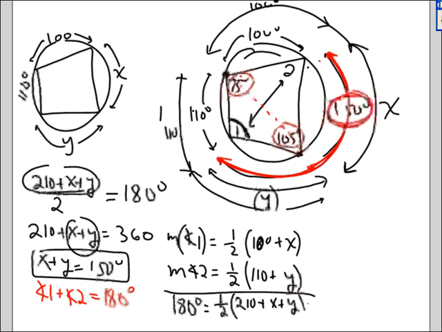Multiplying both sides by 2 tells us that there's 360. Here it's x plus y again. It's 210 plus x plus y, so x plus y should be 150. So I know I'm not doing anything wrong now.